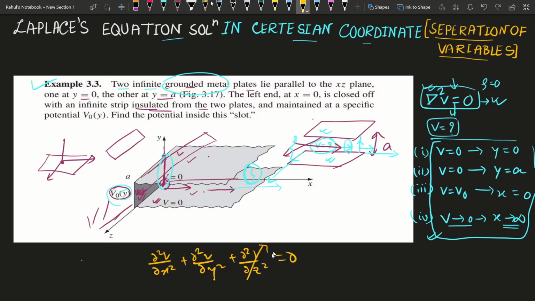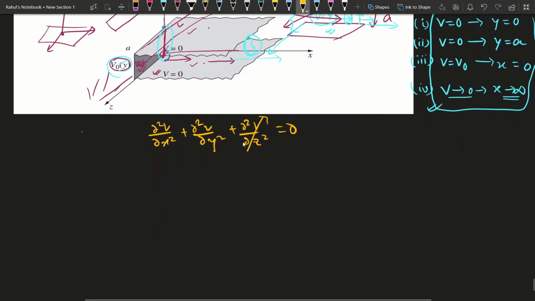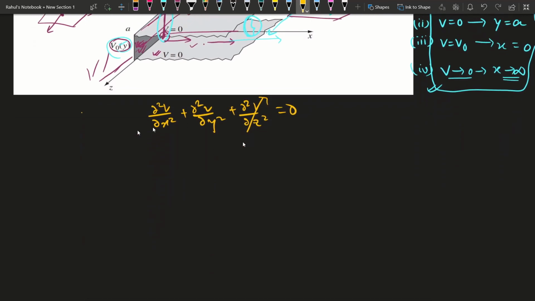Now we can neglect this term because of the symmetry along the movement in the z axis. So this becomes a relatively simpler 2D problem, where our Laplace's equation converges to this form, del square V upon del y square equal to 0, and we have to solve this. So let us begin the solving process.